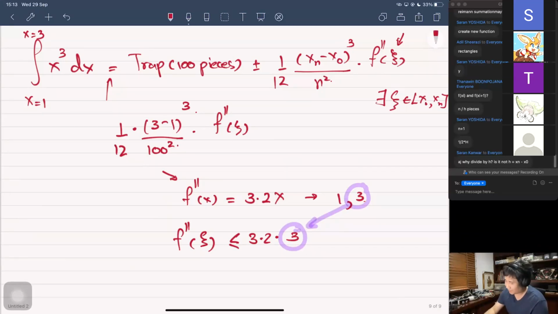Which means the absolute error is less than 1 over 12 times 8 over 100 squared multiplied by that thing, which is 9 times 2, which is 18.